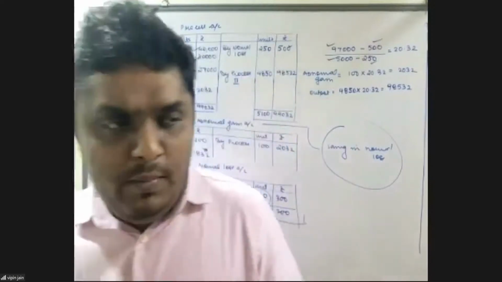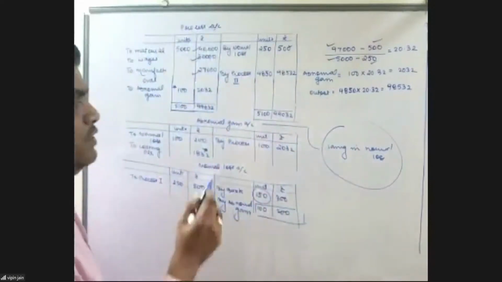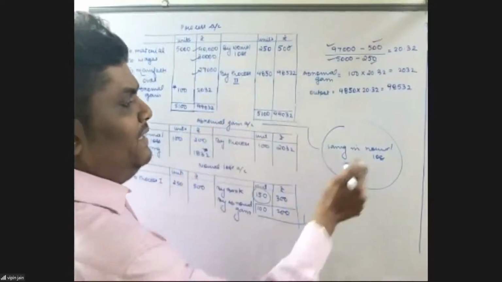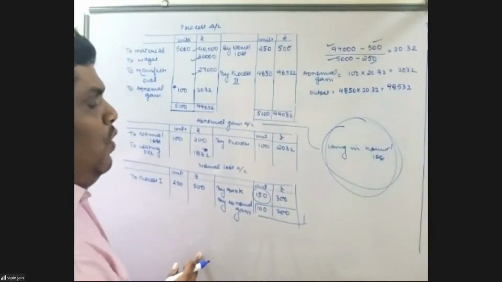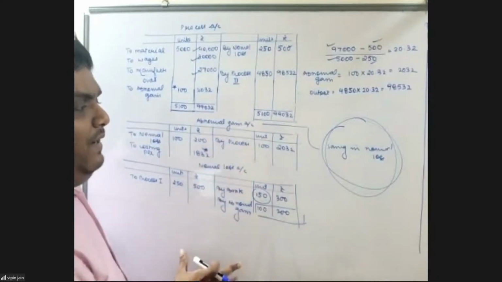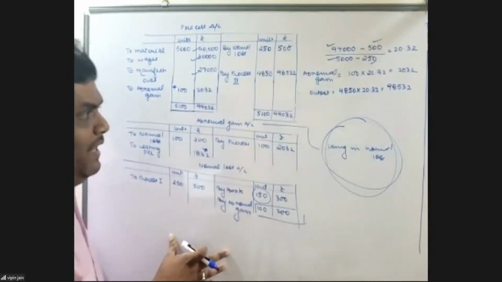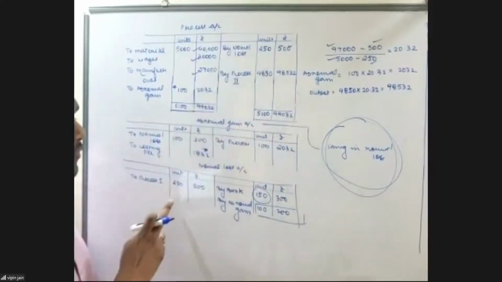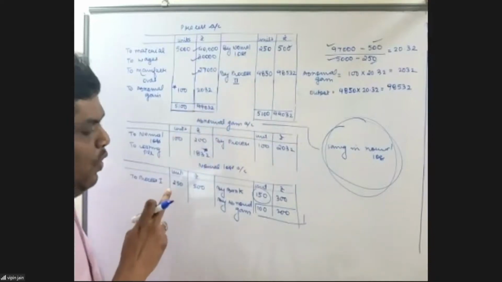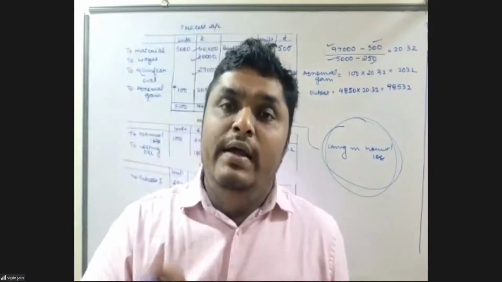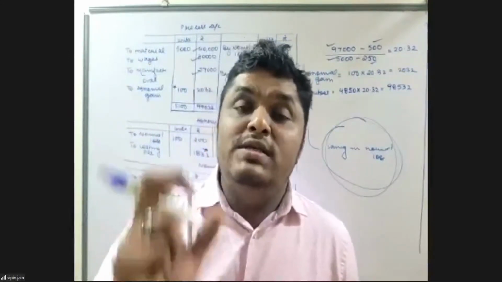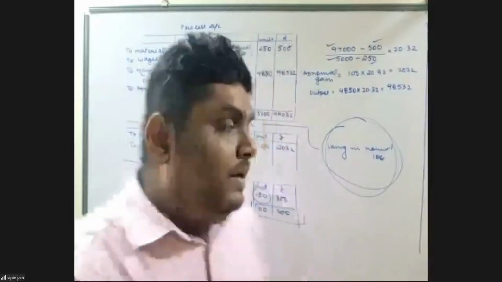Okay, Darshan and Bhumika, the same query. When talking about abnormal gain, it is the saving in normal loss. Herein, my normal loss is 250 units. The actual units sold in the market are only 150 units, because there is an abnormal gain of 100 units.